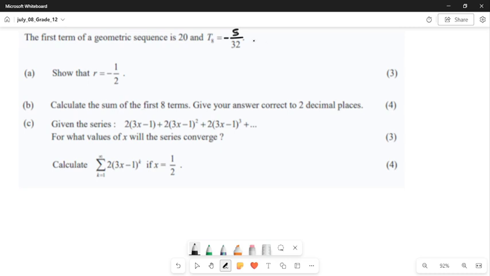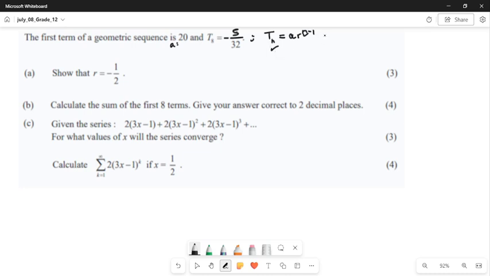In this case, we'll use the general equation of a geometric sequence, t sub n equals a multiplied by r raised to the power n minus 1. For the nth term at n equals 8, we know the value and we are given a, so our only unknown is the ratio r, which we are supposed to prove.